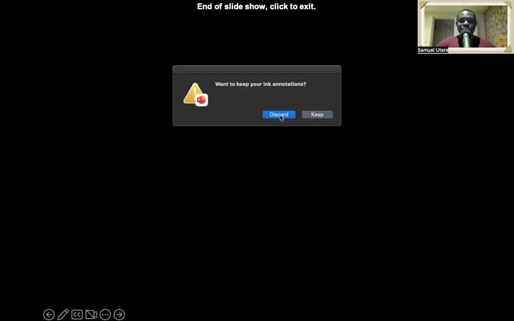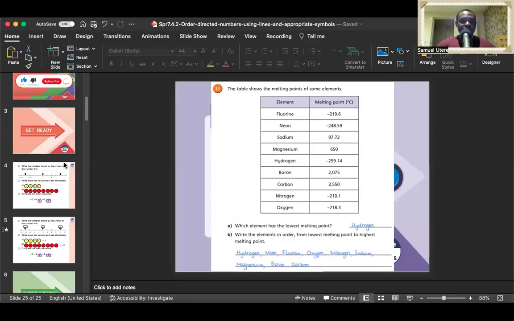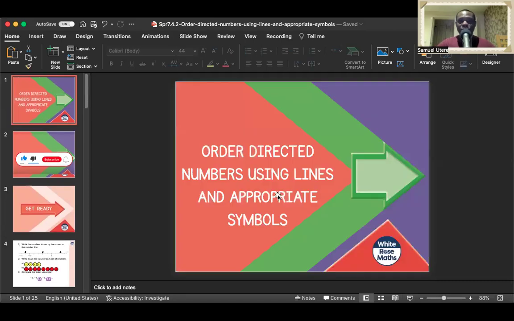That brings us to the end of our lesson. What we have learned in today's lesson is how to order positive and negative integers using number lines and greater than, less than symbols. And we have learned something really important: when you are thinking about negative numbers, if the number is really big when you look at it without the negative sign, now that you have the negative sign next to it, it has to be very small compared to something else.